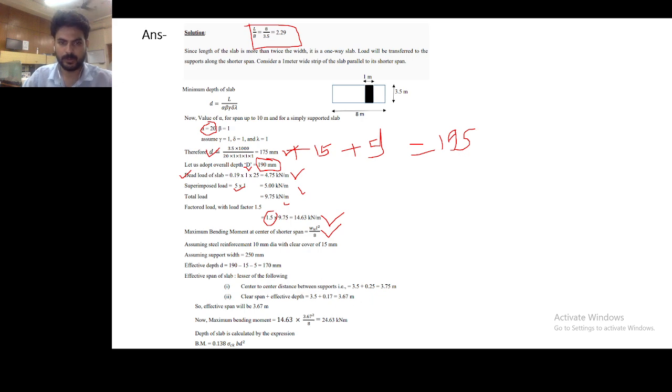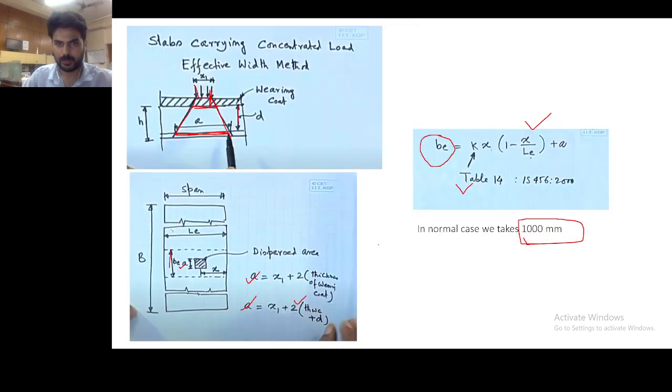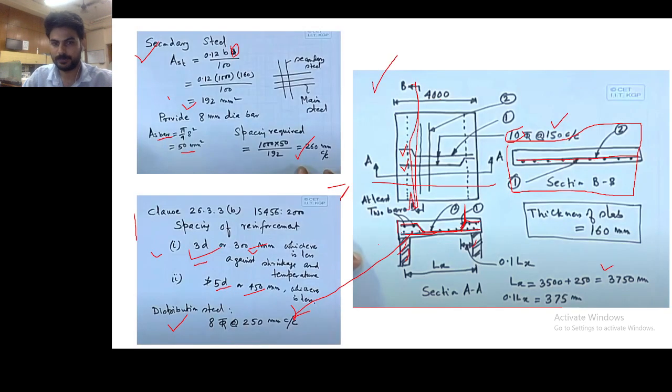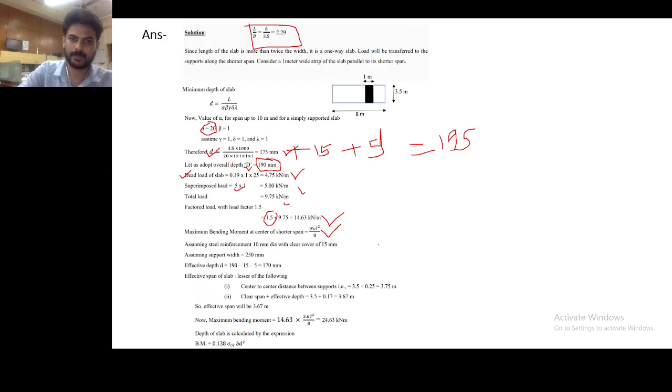Okay, after that we have to see, in this they have assumed the support width to be 250 and assume the steel dia to be 10. Yeah, that I have also selected, then clear cover is 50, and then okay, that's why they are wrong here.